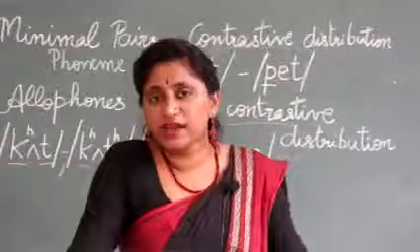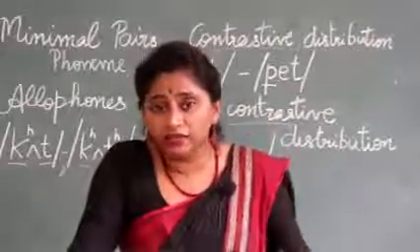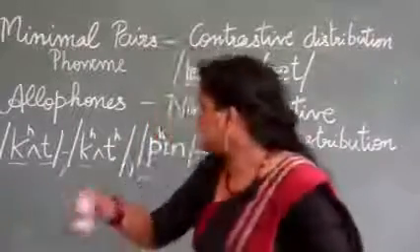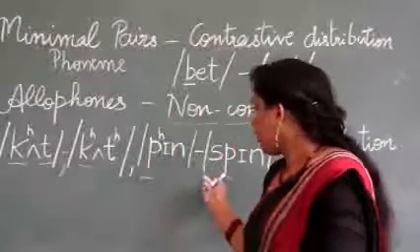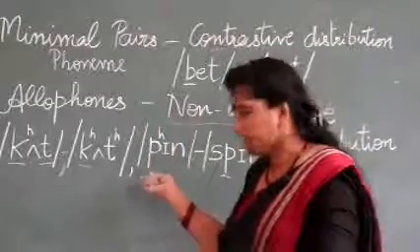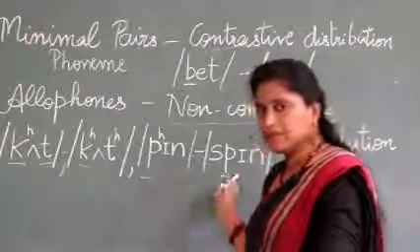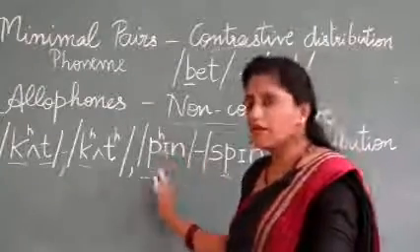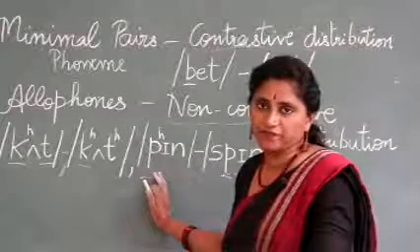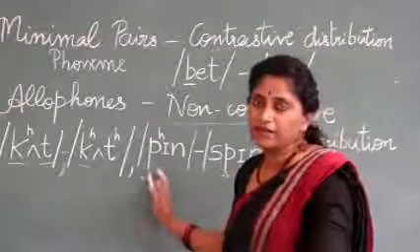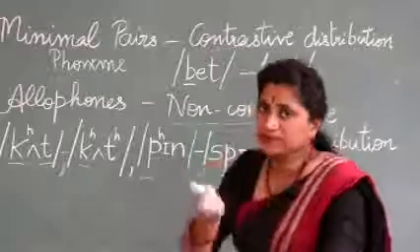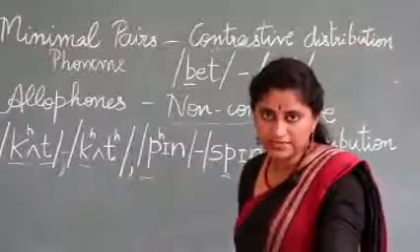So allophones are different concrete phonetic realizations. Here it is aspirated, here it is unaspirated, so there is a difference between them, and this difference is concrete, it is fixed. Different phonetic realization, it is uttered differently, it is not meant for writing.